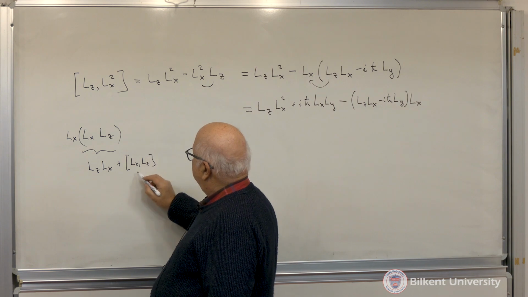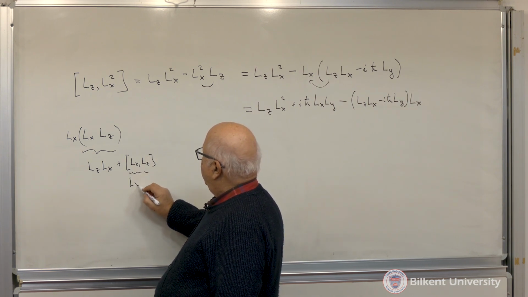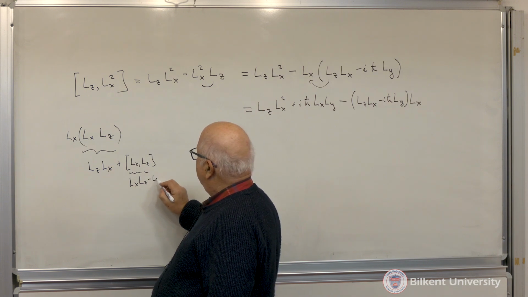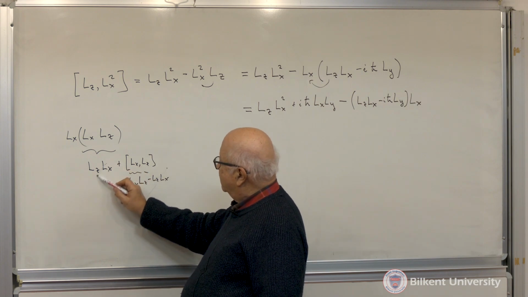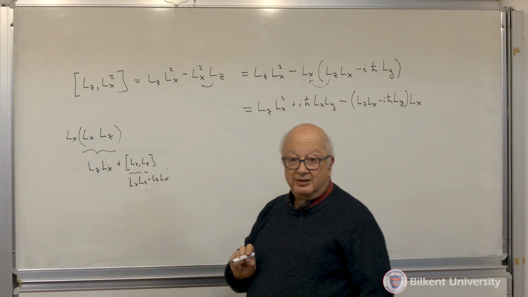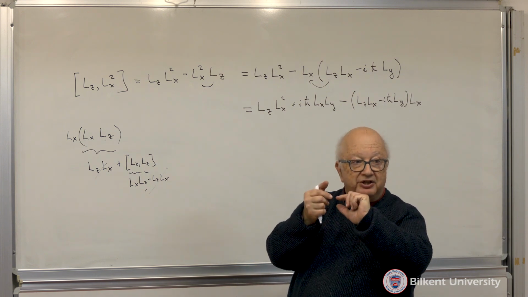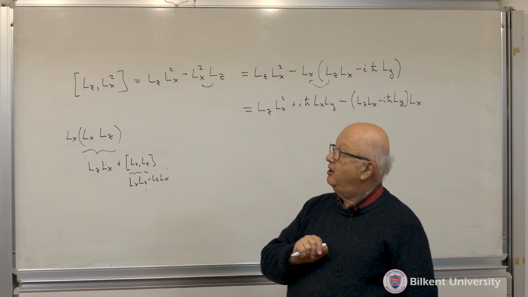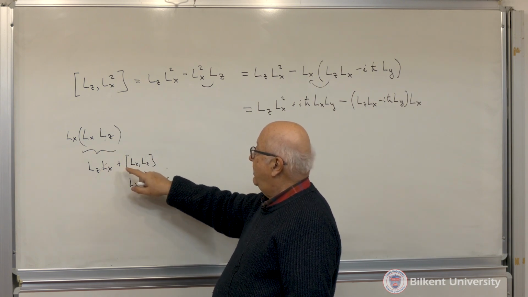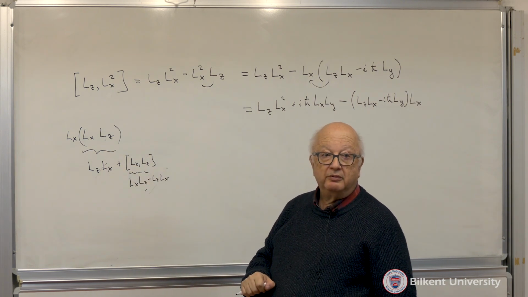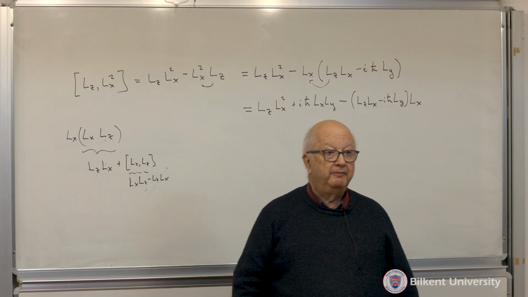Remember that this commutator is just going to give me Lx Lz minus Lz Lx, which means it's going to cancel this and I'm going to get Lx Lz. So the rule for interchanging the two operators is, go ahead and interchange them, but then add to them the commutator, the commutator in the original order. Okay?